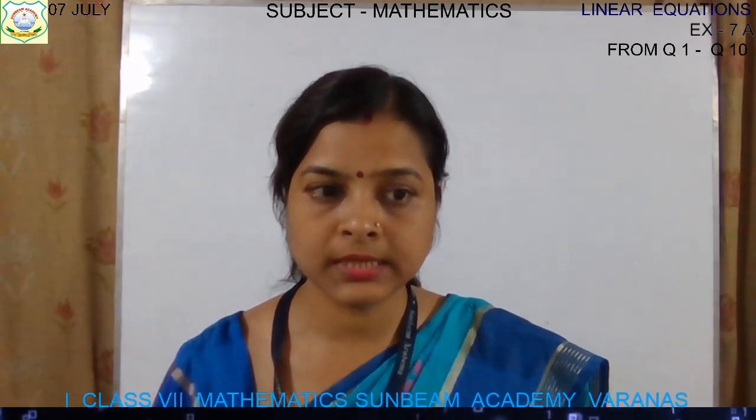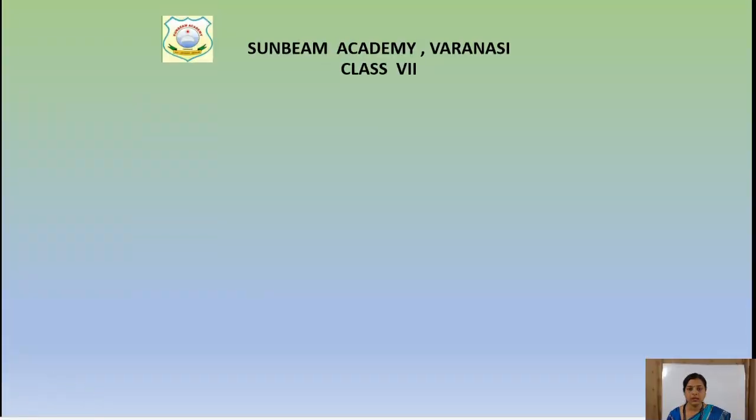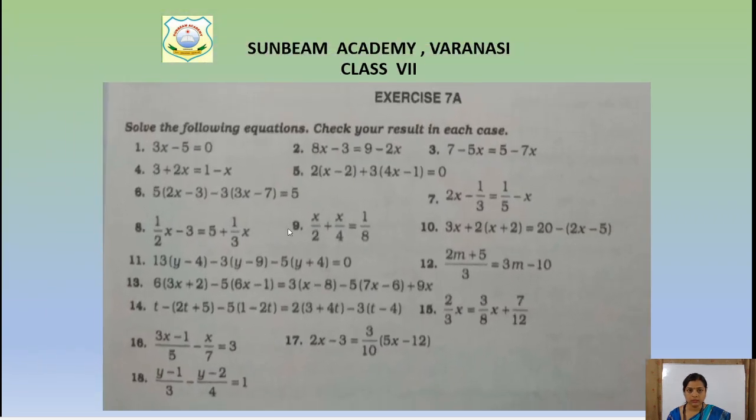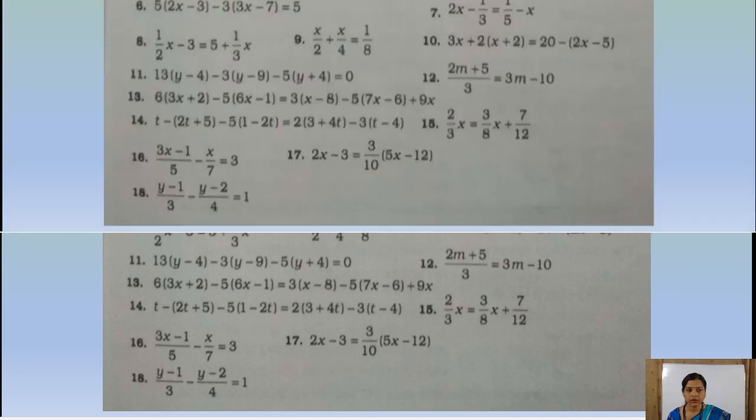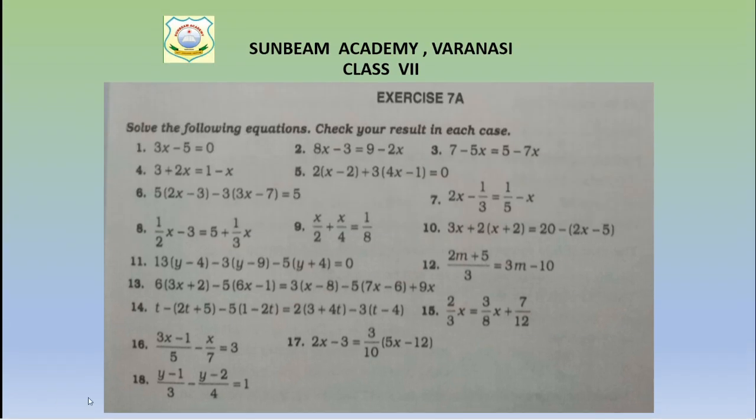Now if you will see the first question from your book, this is 3x minus 5 is equal to 0. Let's solve this, children. How to solve this question? I am going to write it on the board and you will see how to solve it.